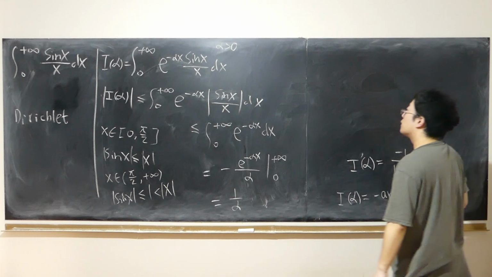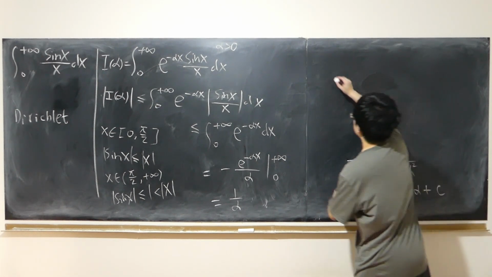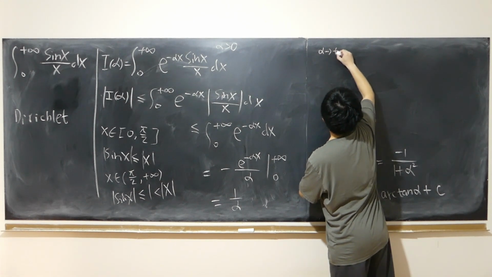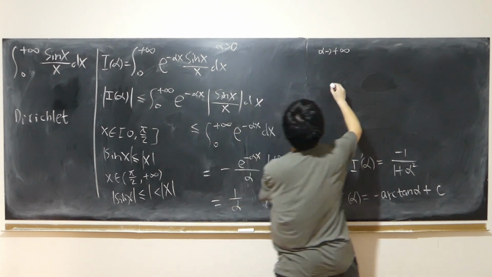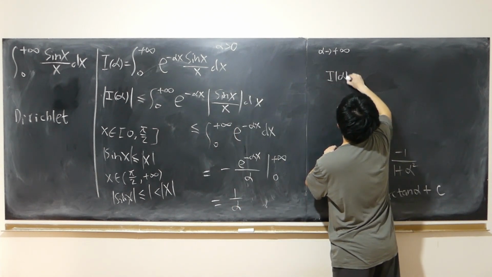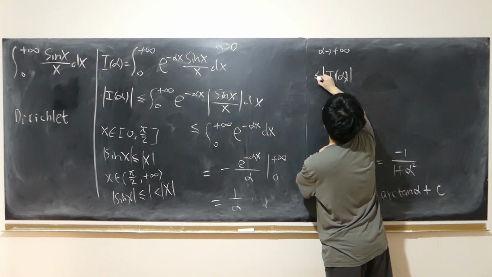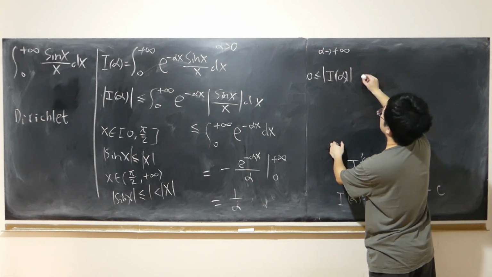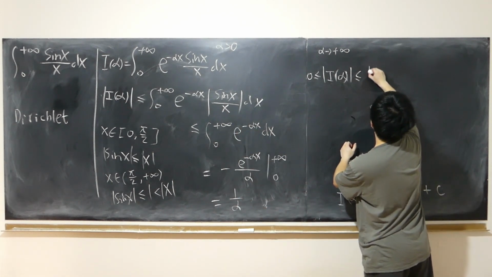Of course, then we can just let alpha approach positive infinity. If that's the case, the absolute value of I of alpha is not only greater than or equal to 0, but also less than or equal to 1 over alpha.